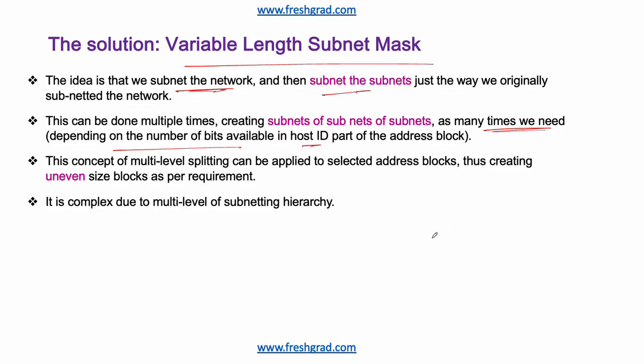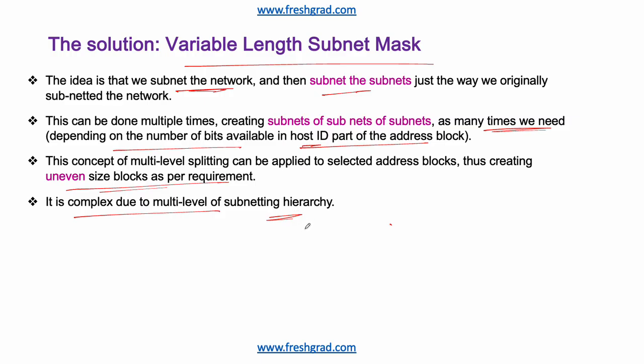You remember, right? When we want to do subnetting, we borrow bits from the host ID. This concept of multi-level splitting can be applied to selected address blocks, thus creating uneven sizes of blocks as per requirement. It is complex due to the multi-level subnetting hierarchy, but let's take an example.